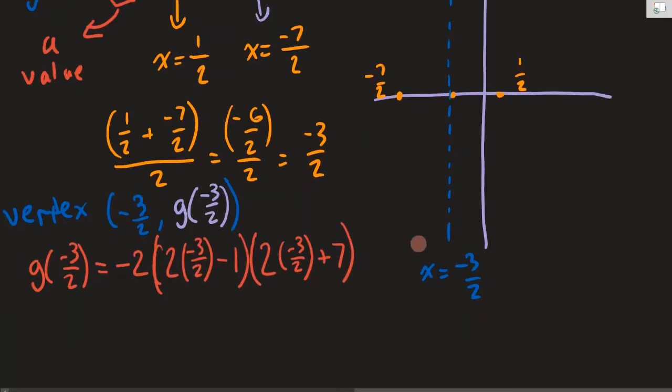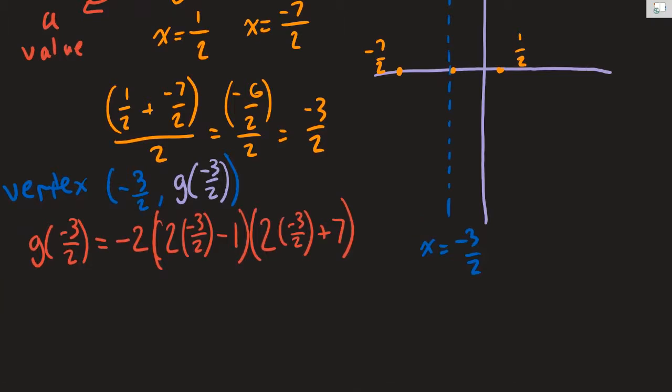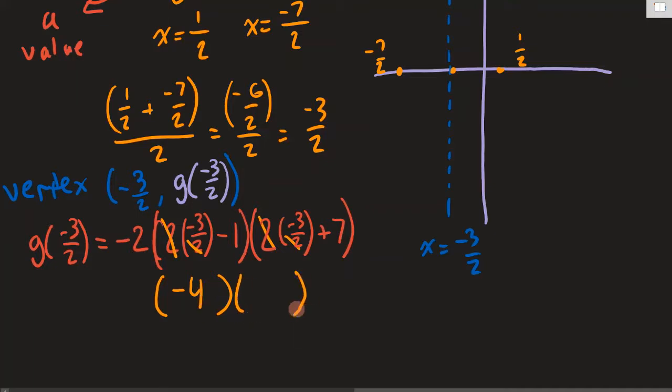Okay. Now, this seems kind of scary until you realize that the 2 and the 2 is going to cancel there, the 2 and the 2 is going to cancel there, which means really this first bracket here is just going to be -3 minus 1, which is -4. And our second bracket here, because the times 2 and the divide by 2 cancels, is just -3 plus 7, which is +4. And the -2 in front we haven't done anything with, so it's just chilling.